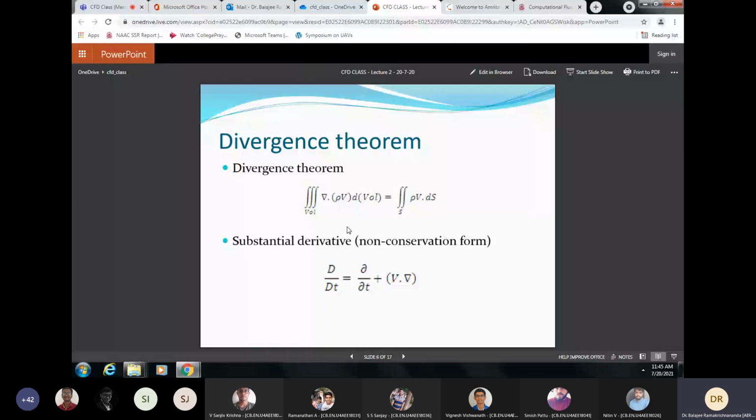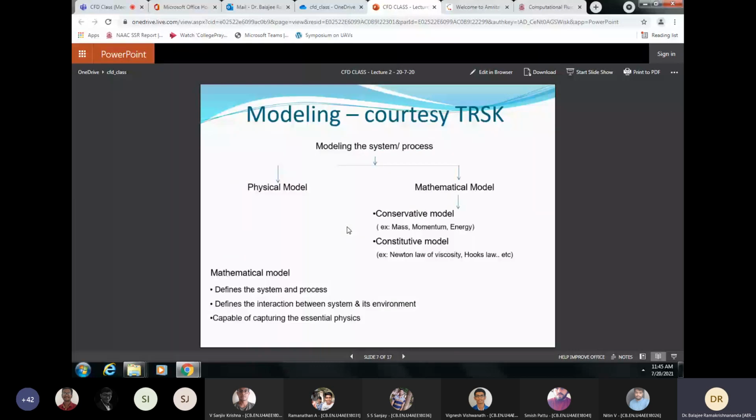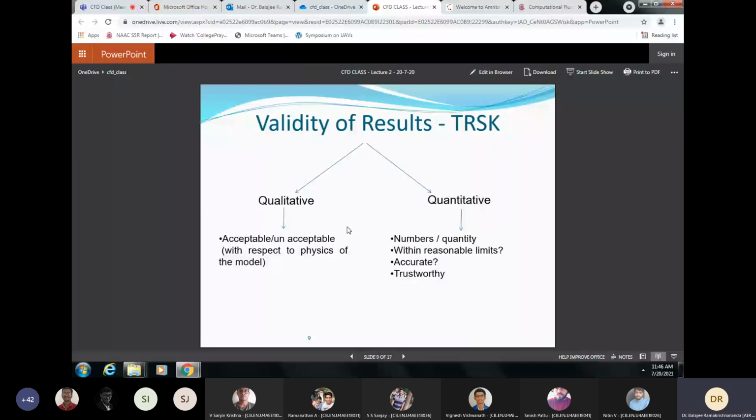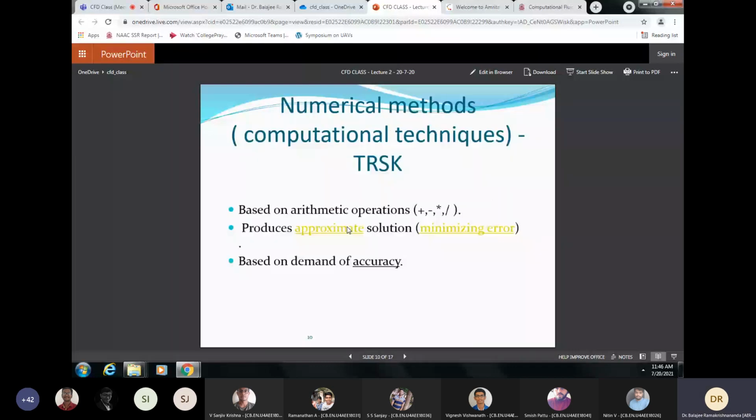Then what is a mathematical model? First, we will look at some philosophical statements. In the same way, simulation. Then how do you validate results? So all these things we'll cover next class.